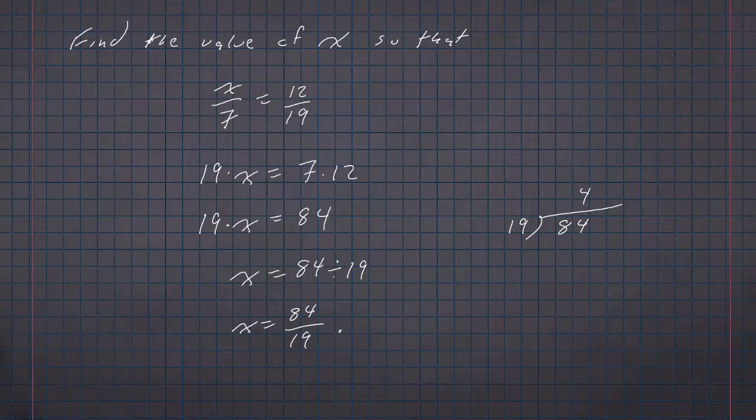It looks like it'll work 4 times. 19 is close to 20, 84 is close to 80. 4 times 19 is 76. Subtract that off, you get 8. So if we wanted this as a mixed number, we would give the answer as 4 and 8/19. Depending on context, an improper fraction might be fine, a mixed number might be the better choice.